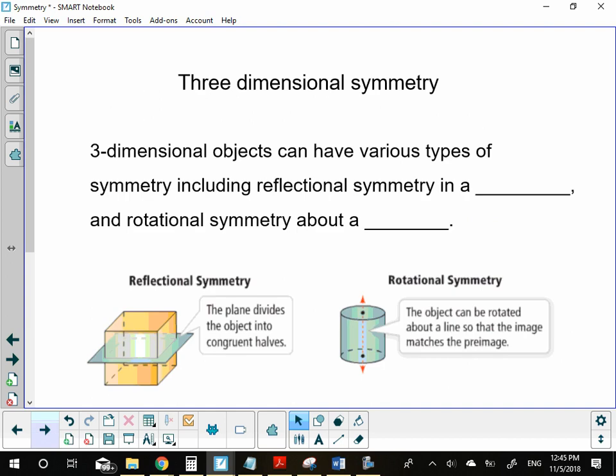Right, lastly, we can also expand symmetries into even more dimensions. So you can talk about 3 dimensions. There's a couple different types we'll talk about for 3-dimensional symmetries. We can say 3-dimensional objects can have reflectional symmetry in a plane.